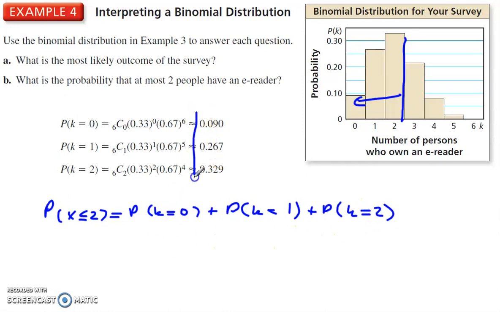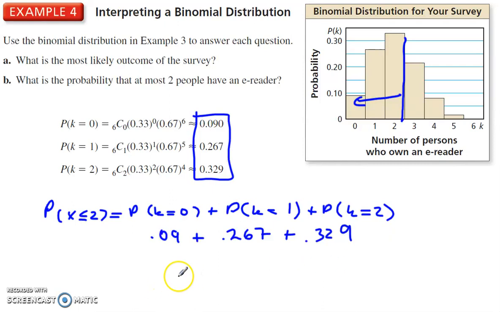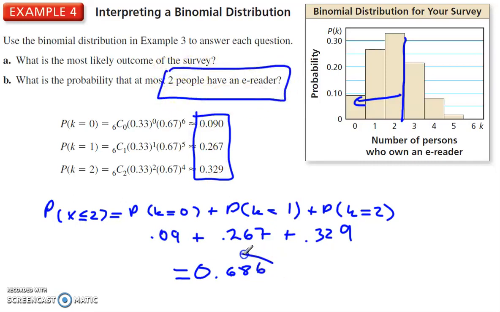Add those up, and that's these three right here. So that's 0.09 plus 0.267 plus 0.329. And that comes out to be 0.686. So the probability that at most 2 people have an e-reader is 0.686.